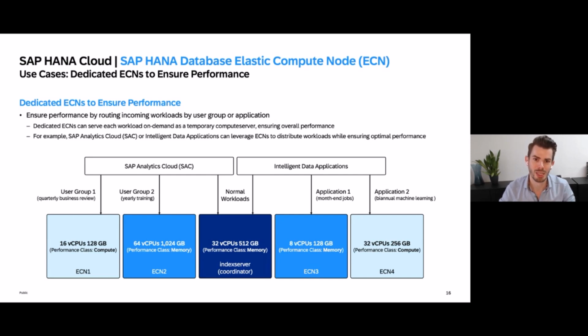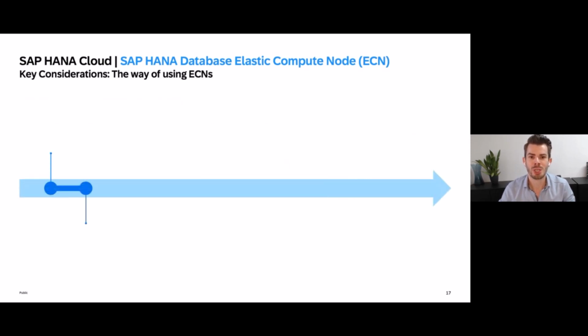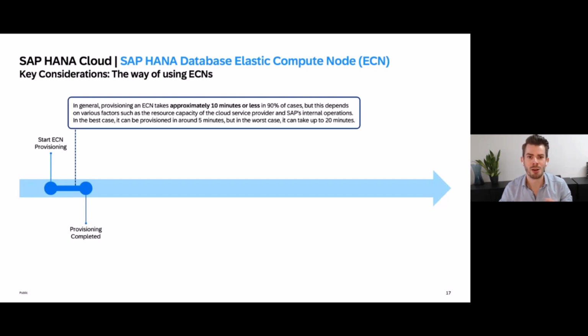Let's jump a bit into key considerations that are relevant when you make use of Elastic Compute nodes or are thinking about that. So I already mentioned that everything starts basically with the provisioning of the Elastic Compute nodes via API or tooling. What you have to keep in mind is that the creation of the Elastic Compute nodes takes a bit of time.